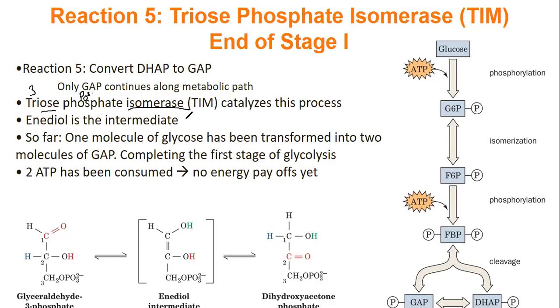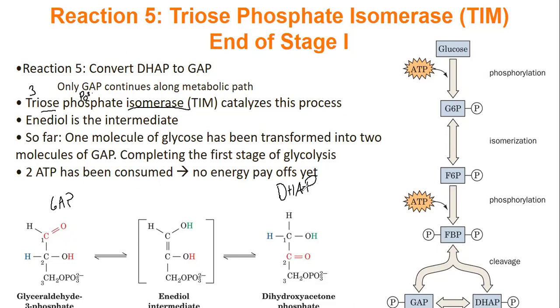We have another intermediate here going from DHAP to GAP. We have this enolase intermediate. But moving forward, we only want GAP. So simple reaction right there.